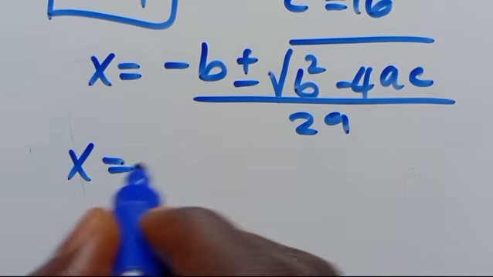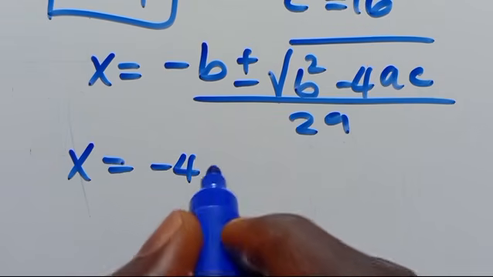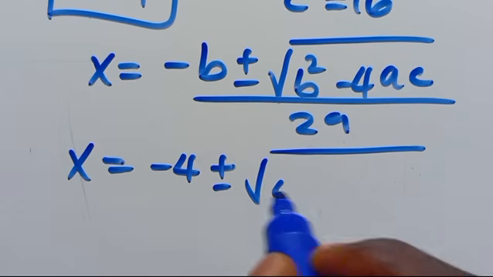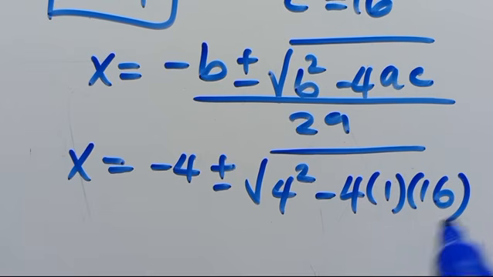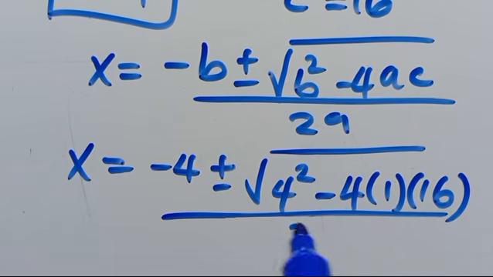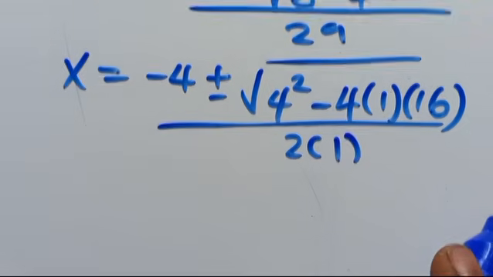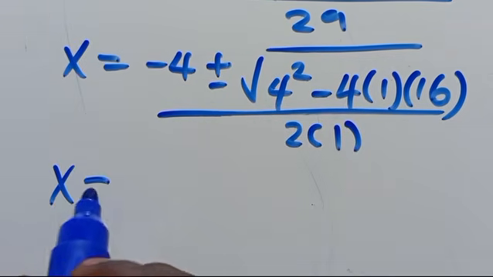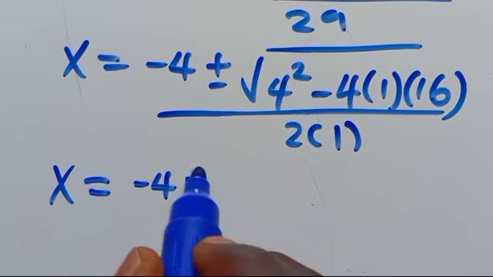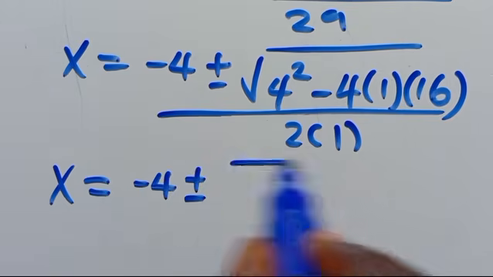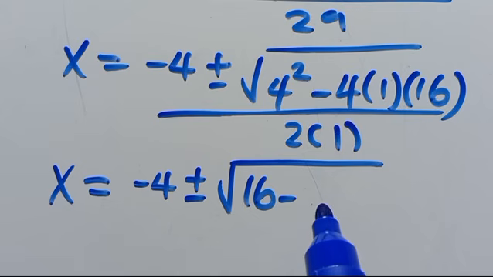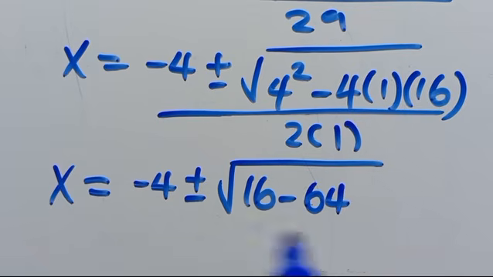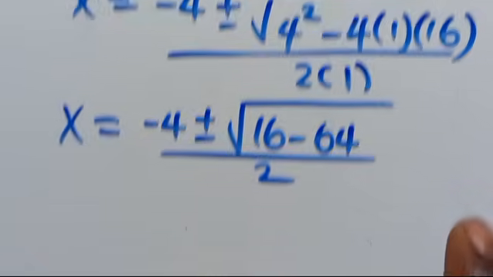So we have x, our b is 4, here will be minus 4, positive or negative, root of 4 squared, minus 4 times a, 1, times c, 16, over 2 times a, which is 1. Then our x will be minus 4, positive or negative, root of 4 squared is 16, 4 times 16 will be 64, over 2.